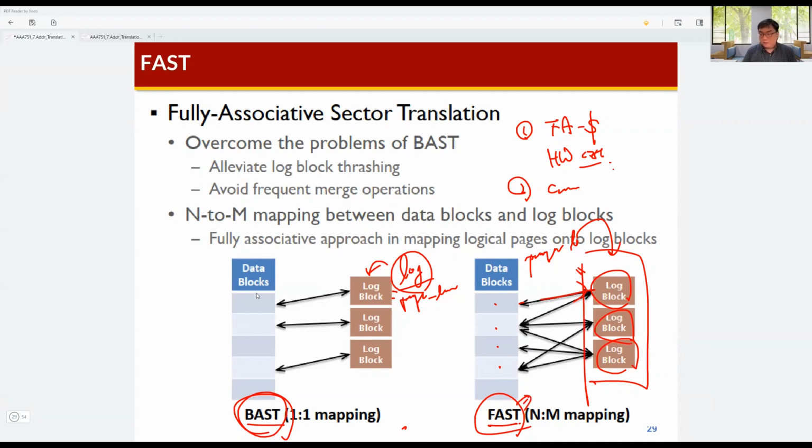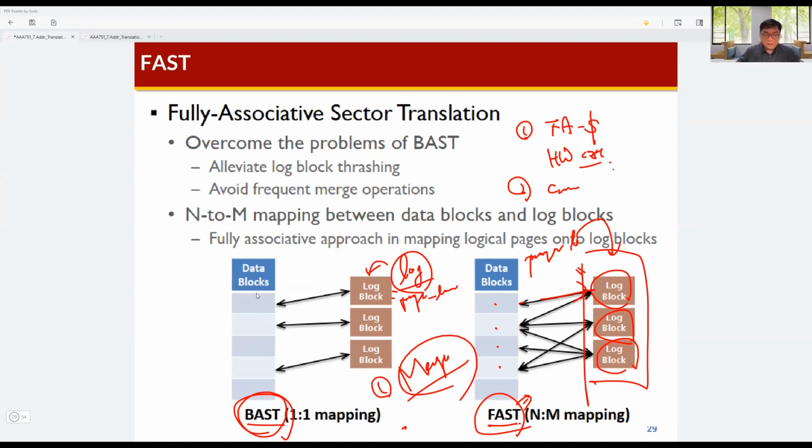So that means that in order to perform the merge operation, this SSD controller needs to find the appropriate pages in the multiple log blocks.